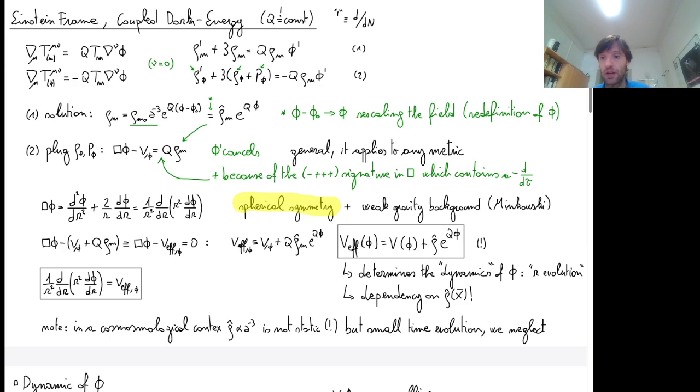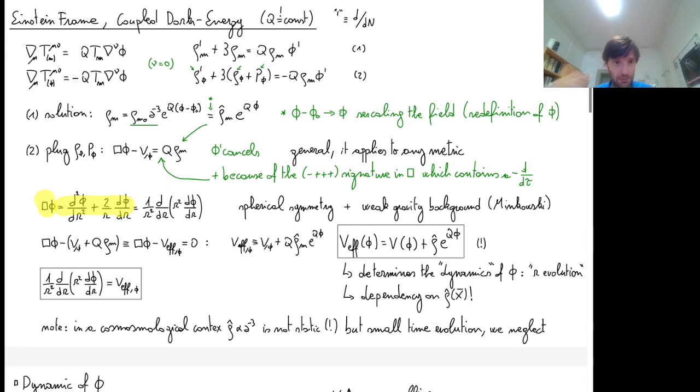Moreover, we are using a weak gravity background, therefore we can neglect back reactions, and as a background we can use Minkowski space and neglect the time derivatives. So basically we are neglecting the retardation terms in our equation. Therefore our box phi reads like that.